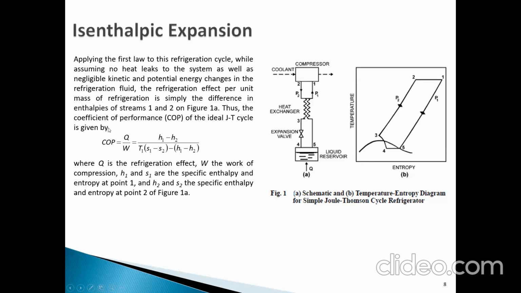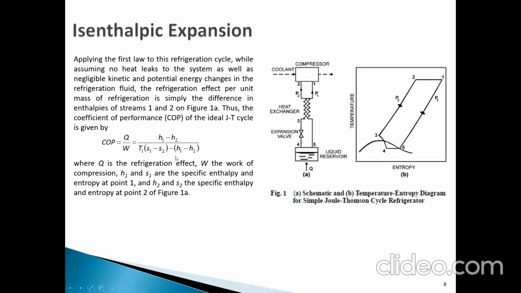Thus, the coefficient of performance COP of the ideal JT cycle or Linde cycle is given by COP equals Q over W, or (H1 minus H2) divided by T1 times (S1 minus S2) minus (H1 minus H2). This is the available energy.